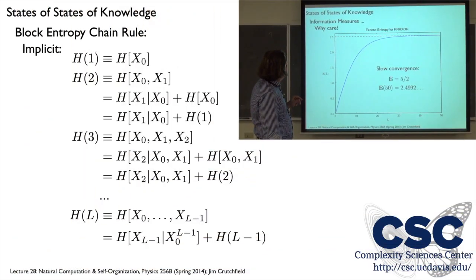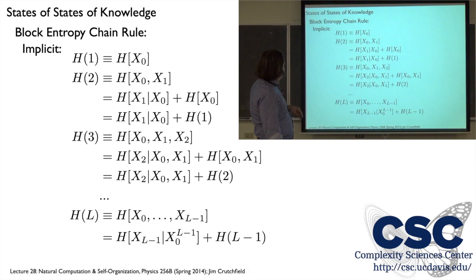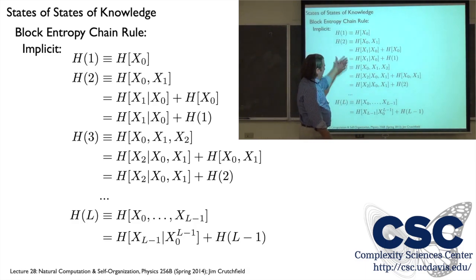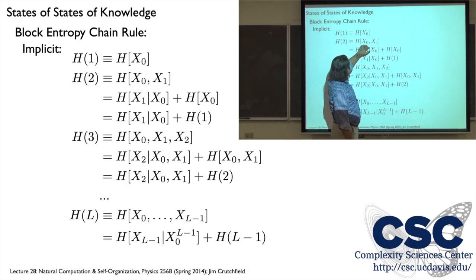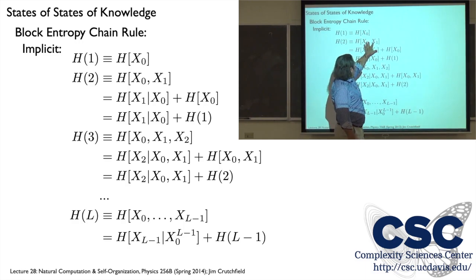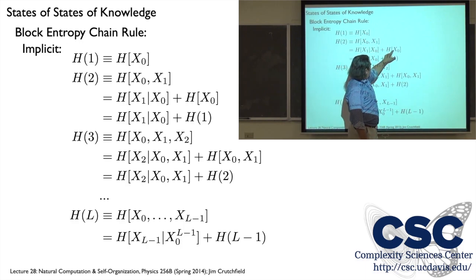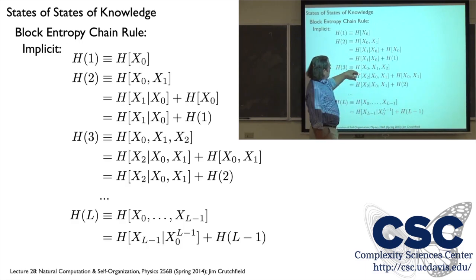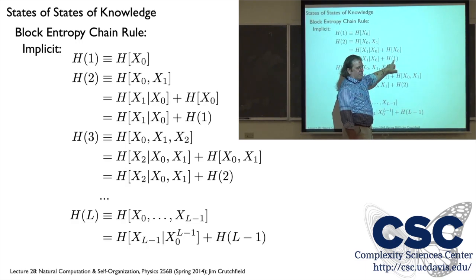A few observations. When we calculate the block entropy, the implicit way we were thinking about it before, with notation from lectures in the winter quarter: the entropy of length 1 words is just the entropy of a single variable. For length 2 words, a block of 2 symbols, we can factor that. That's a joint entropy. We can break that into a conditional entropy, the uncertainty in the next symbol given the previous, plus the uncertainty in the previous. Well, that's just H(1).